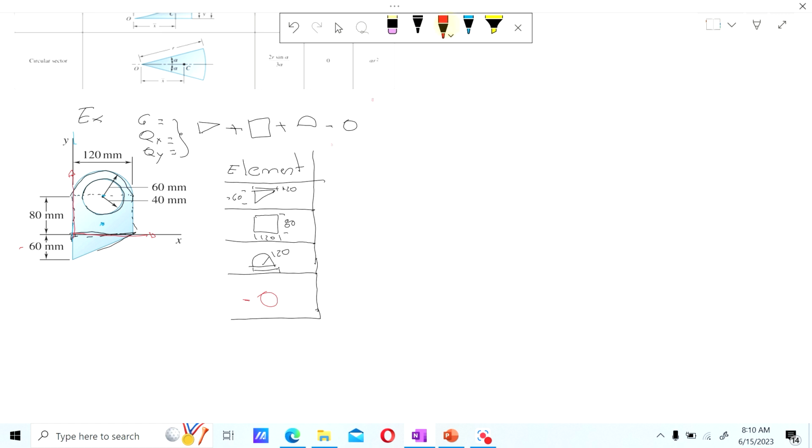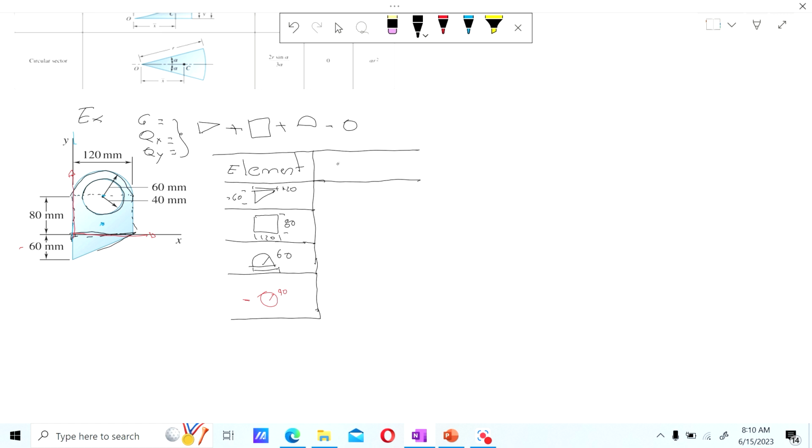And let's say radius for both of them. So this is 40, and up here this is the radius. The radius is 60. Okay, so that's our first column.